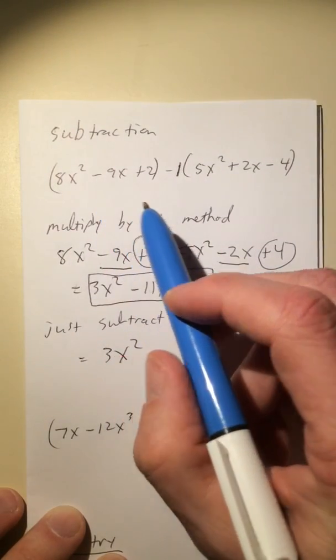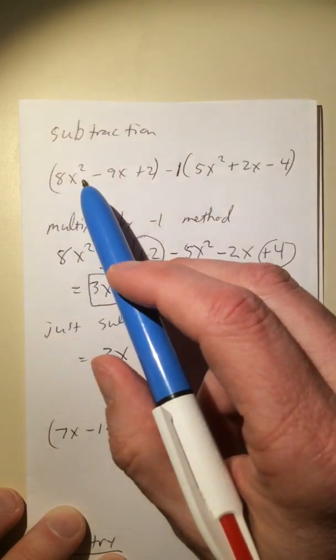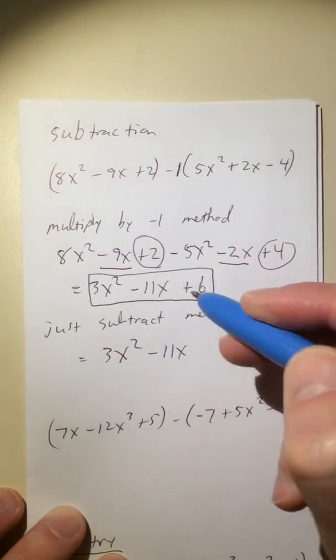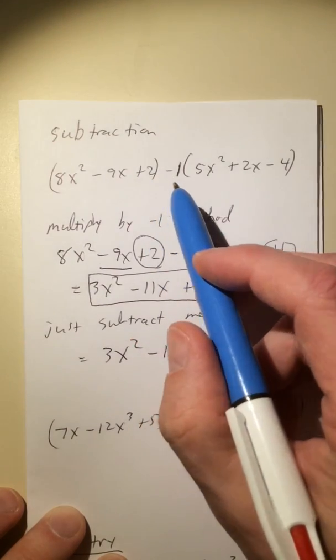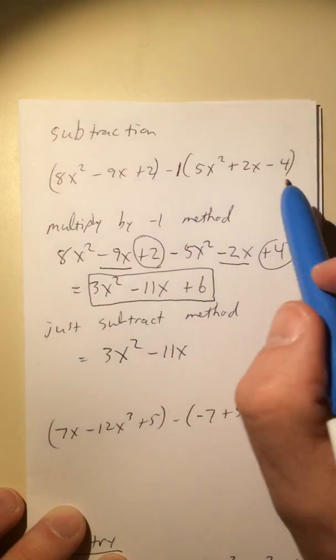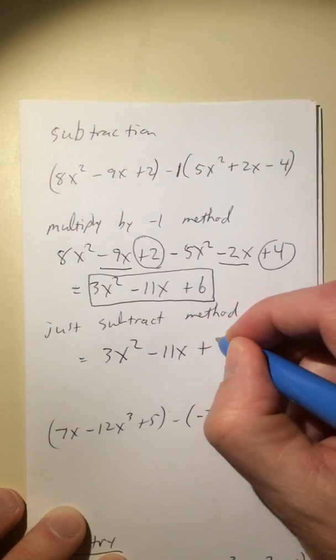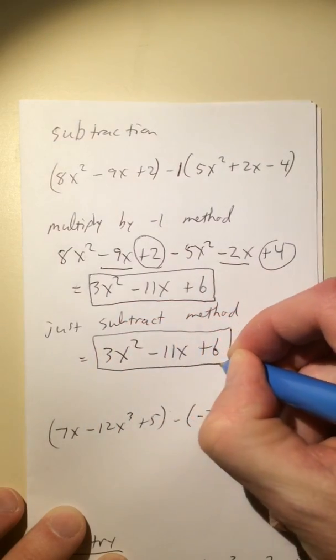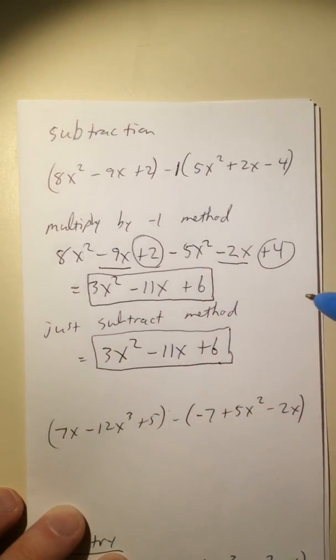And we got negative 9 minus 2. Negative 9 minus 2 is negative 11x. And we got 2 minus negative 4. So subtracting a negative is like adding a positive, so it's really 2 plus 4, so plus 6. Same answer, obviously, a little quicker. But if you struggle with negative signs, you might want to use the first one.